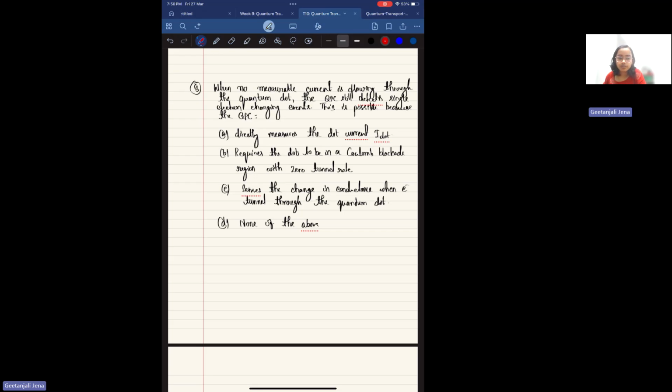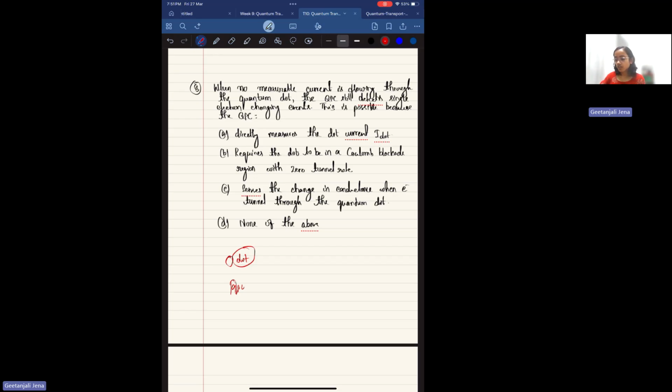Option D, none of them. So the question asks, let's say we have a dot region here, and we have a QPC around this region. Even though there is no current through this dot region, why do we see a single electron charging event through this QPC?